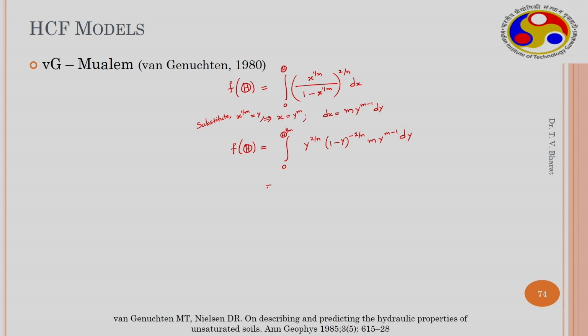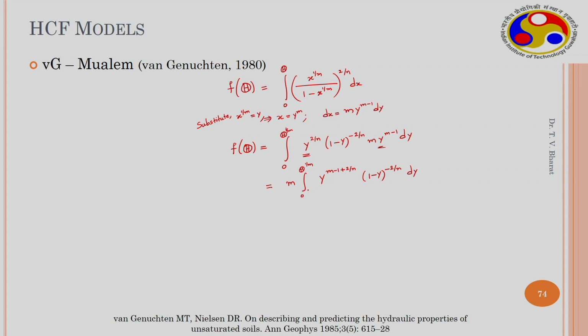Simplifying, this is y power m minus 1 plus 2 by n, together, times 1 minus y power minus 2 by n, dy.